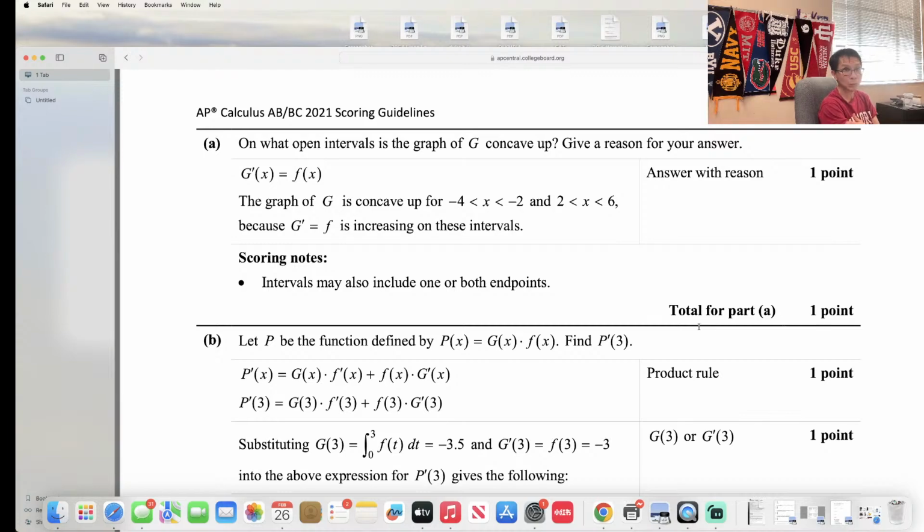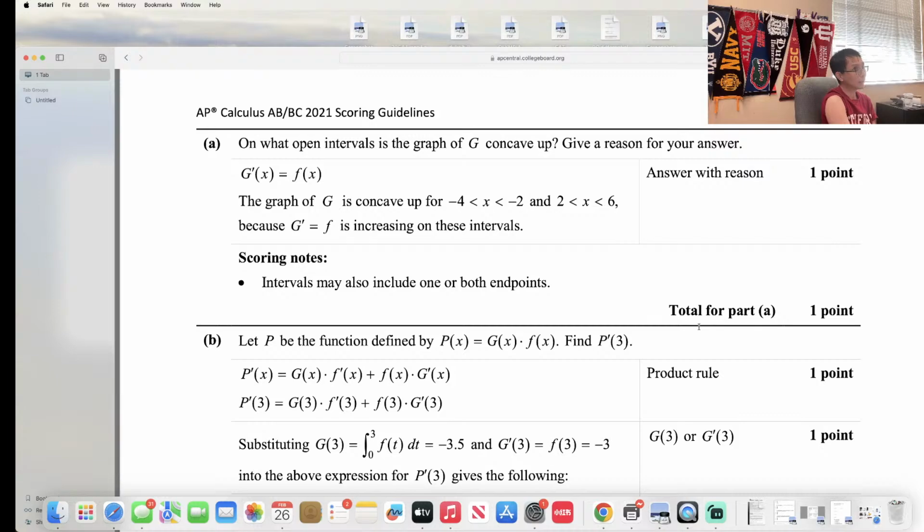Is that the first question or the second? I don't remember which question. This is a question with the graph on it. Which one is greater than 0? Is g prime of x greater than 0 or f of x equal to 0?